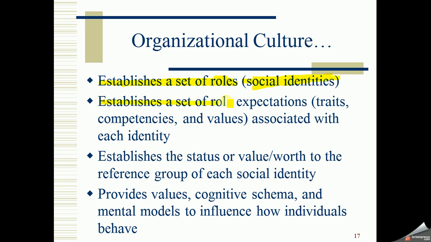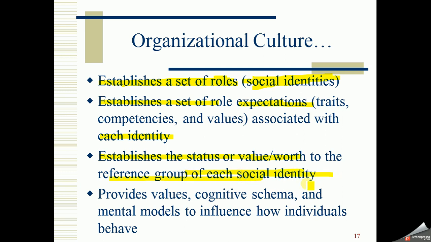Next, it will establish a set of role expectations. As I said before, the expectations from a faculty member are completely different from the expectations from a student, right? So every identity has associated expectations. Next, it establishes the status or value or worth to the reference group of each social identity.